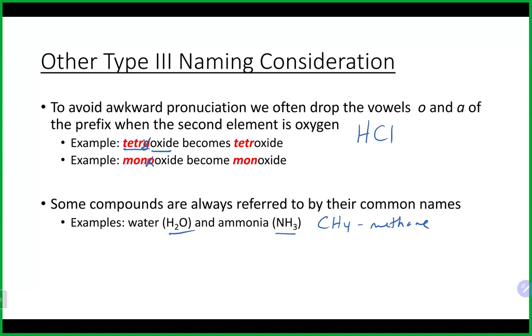We actually will name this kind of like a type 1 compound, even though hydrogen is a non-metal. So we would just call this hydrogen fluoride, yeah? So no prefixes or anything like that, especially if that's a gas, it would be hydrogen chloride. By the way, if it's an acid, which looks the same, it would be hydrochloric acid in that case. So it does kind of depend.